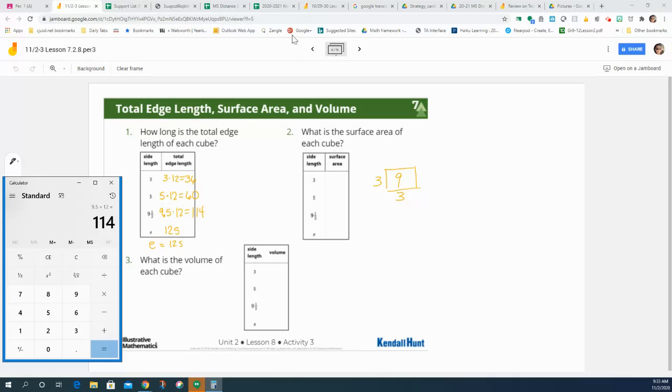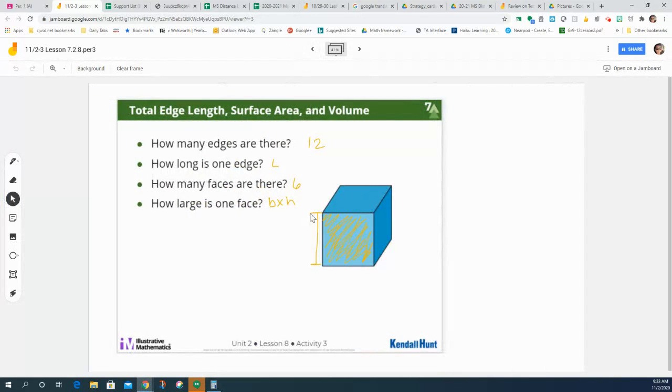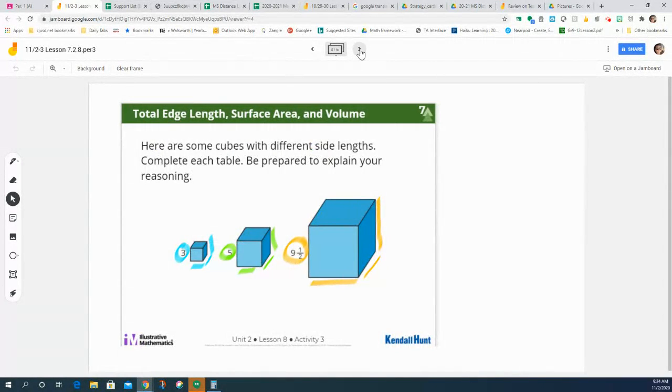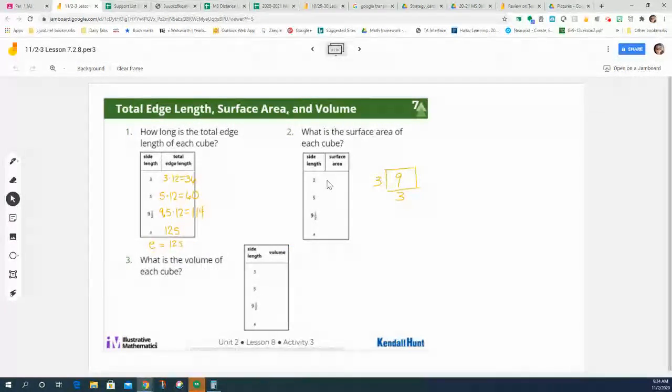And as we said over here, how many surfaces or faces are there? There are 6. So after we find the area of one side, we multiply it by how many faces there are. So we take 9 and multiply it by 6, and we get 54.